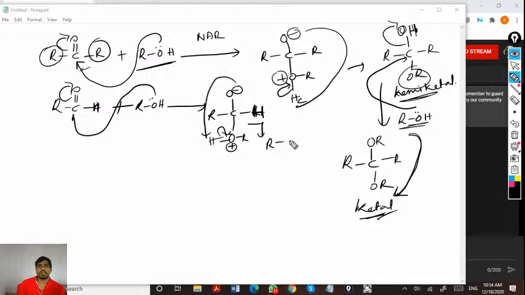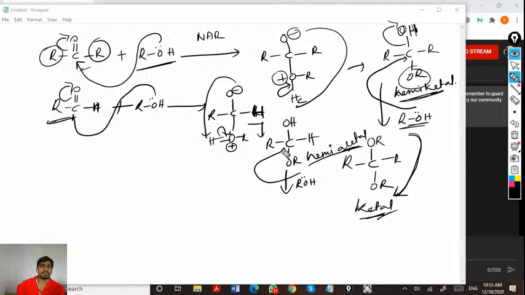So the same thing is going to happen. So OH, OR, hydrogen. Okay. So this is said to be hemi, and this is from the aldehyde, so it is hemiacetal. If it is from the aldehyde, it is acetal. If it is from the ketone, it is ketal. Okay. So another molecule of alcohol can also react. So if that is the case, OH will leave as H2O.